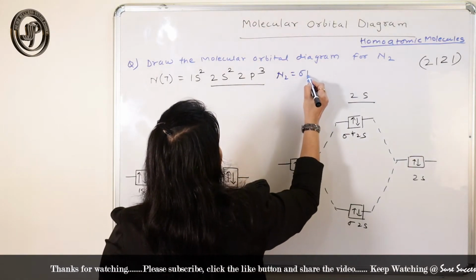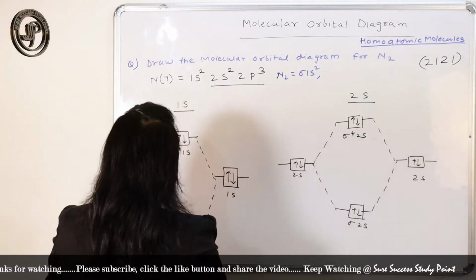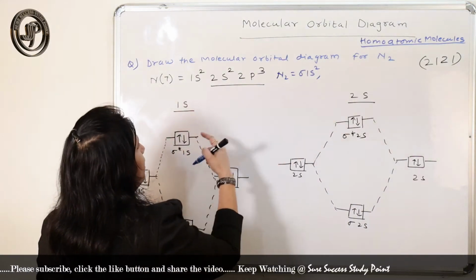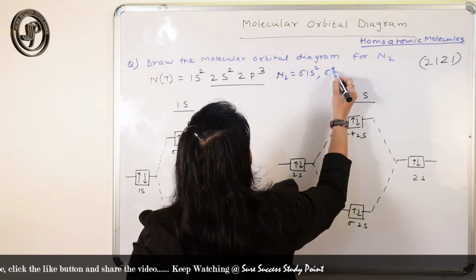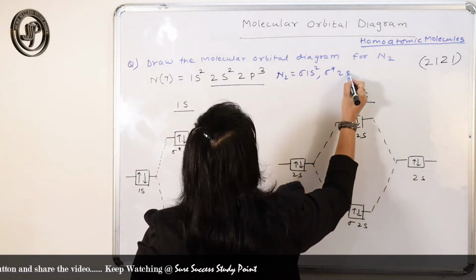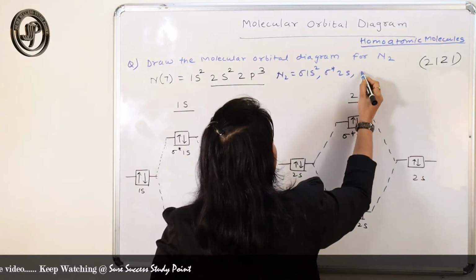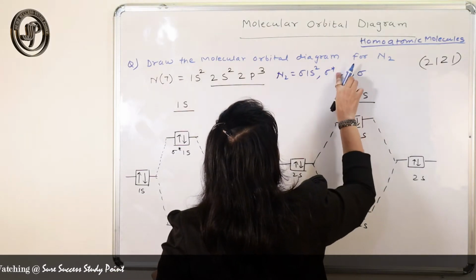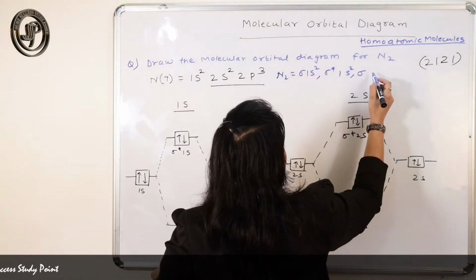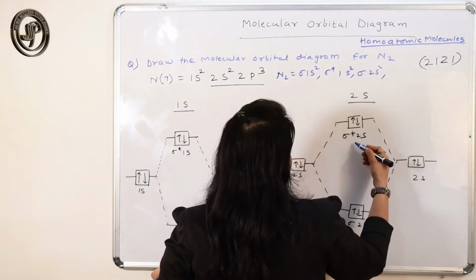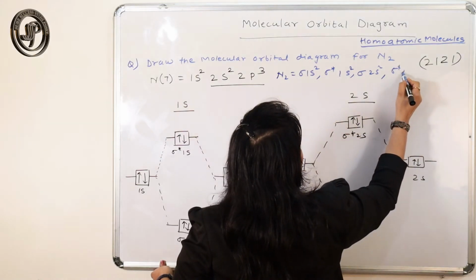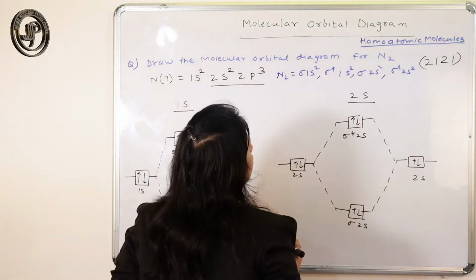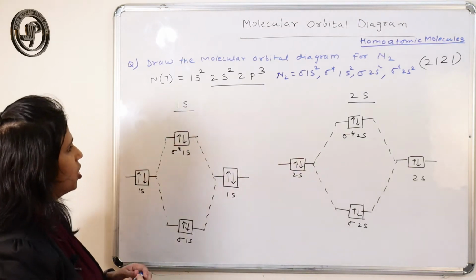It is sigma 1s2, in 1s 2 electrons fill किया है, and sigma star 1s2, then sigma 2s2 and sigma star 2s2. Okay, so I have filled this many electrons.